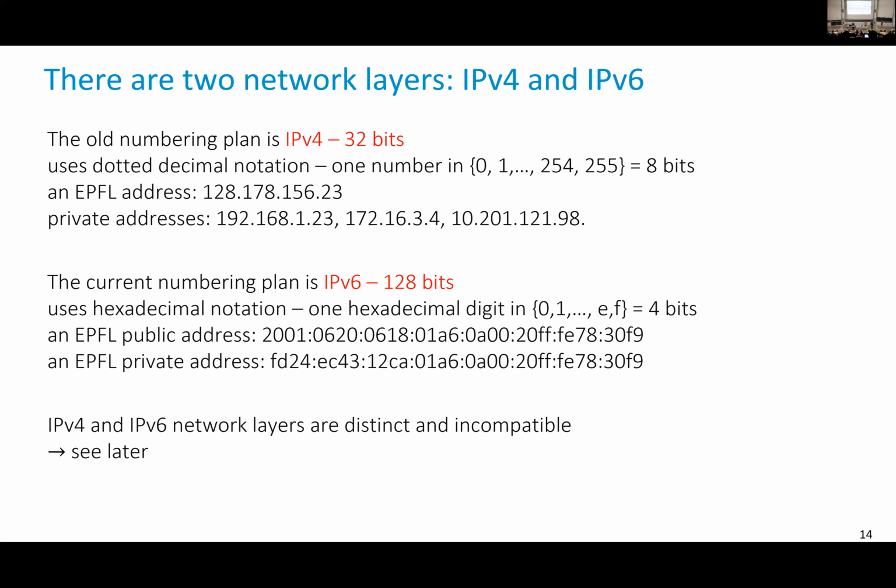However, there are lots of blocks that have been allocated. For example, EPFL has a block with a 15-bit prefix. That means we have a huge number of addresses, right? We have 2 to the power 17 possible addresses at EPFL, which is first much more than we need. And second, as we will see, most addresses that we have at EPFL are private addresses, so they're not even in that space.